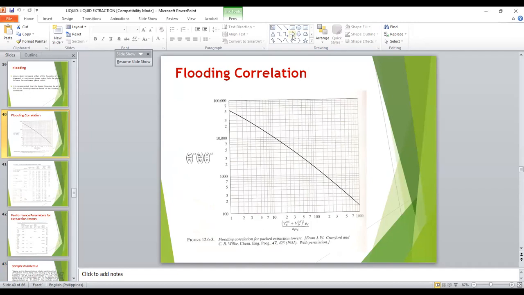So for the y coordinate, these are the parameters that appeared in the set of variables that we need, or properties that we need to multiply and process together. So we have the interfacial tension divided by the density of the continuous phase. This should be raised to 0.2.